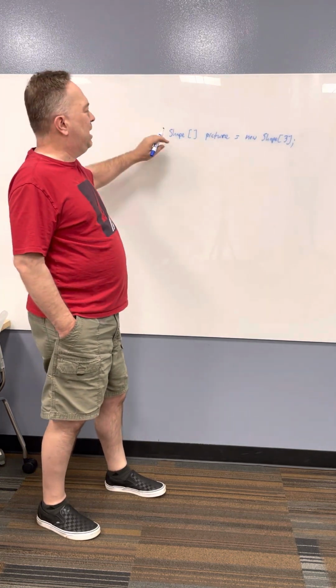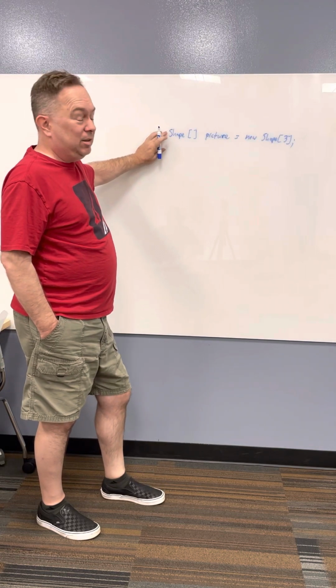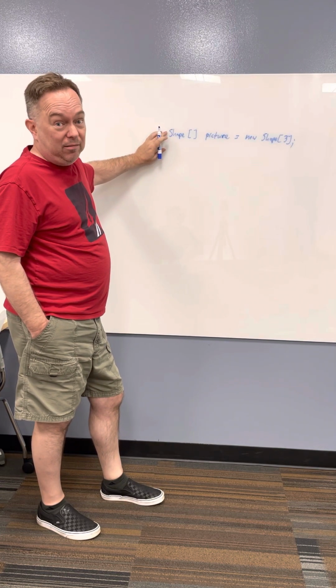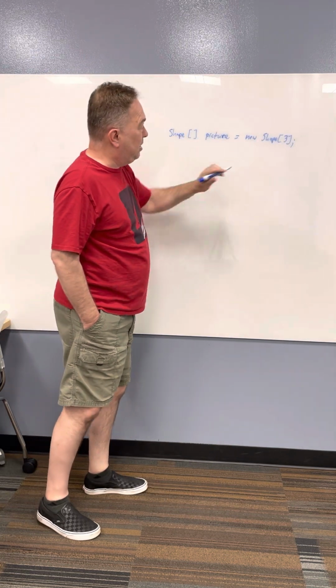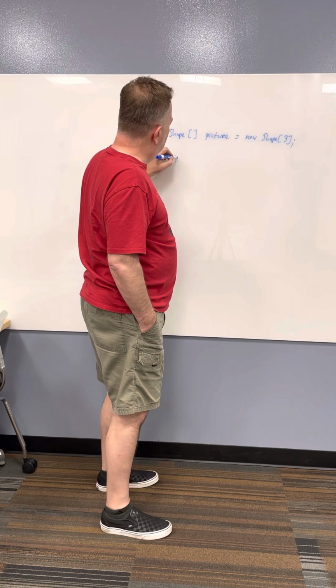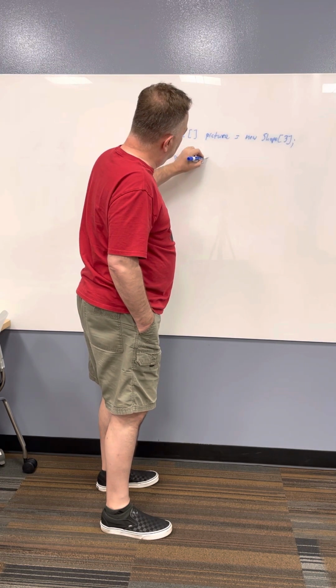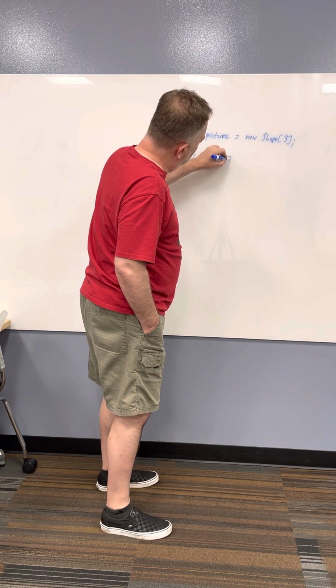Right now, shape is not a primitive data type, right? These will be objects that we create. So now here we have to populate this. We'll come down here and say picture 1 is equal to new Shape.